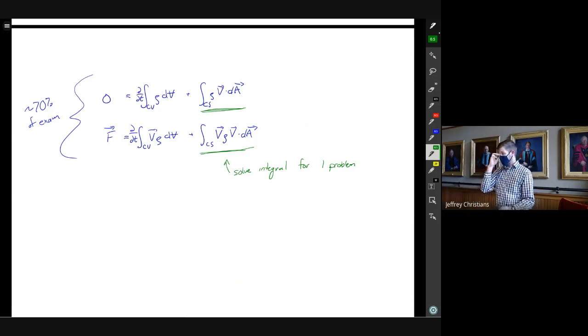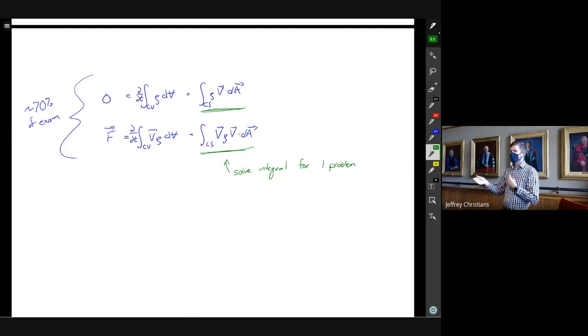A lot of times we've said if it's uniform velocity, then we can just do velocity times area, or velocity times density times velocity times area. Like we can change it from an integral to a sum. Most of the time you will be able to do that. There will be one time where one of the problems will make you actually go through the integration.